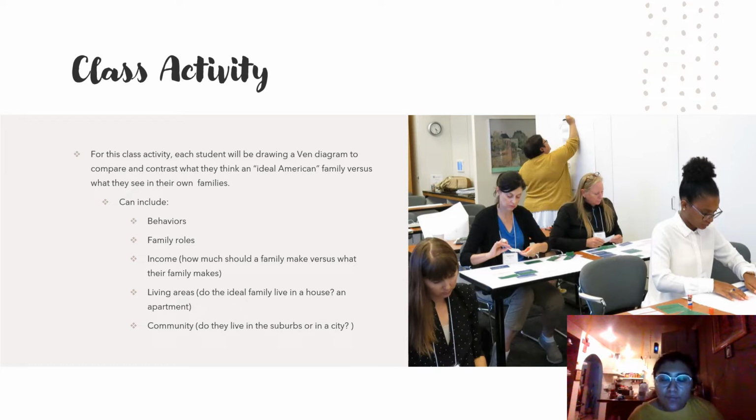So it's always good to be sharing and communicating with your classmates, like, hey, this is what I think the ideal American family structure is based on my experience of X, Y, and Z, or this is how I see my family. It provides them that real world application to see how some of the things they learned in the article can be applied.